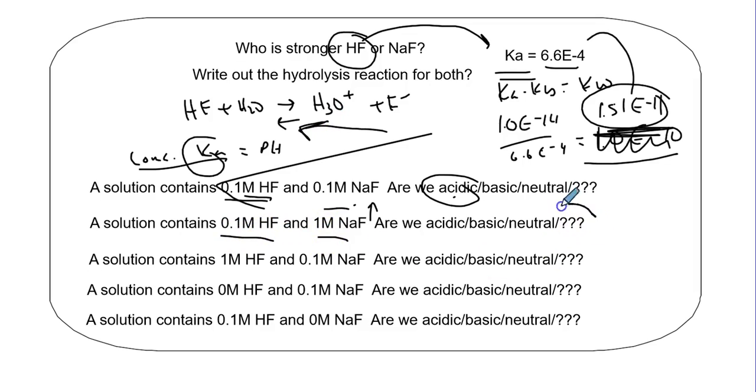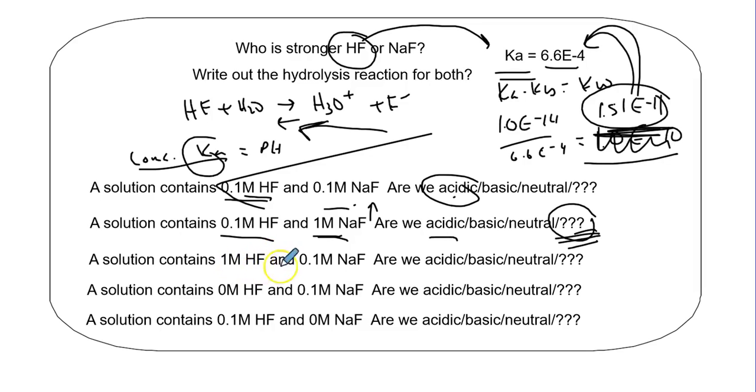I don't know for certain. I need to do some math to make sure. I'm going to say probably not. It might be 10 times more concentrated, but strength-wise it looks like about 1,000,000 times stronger. I'm thinking we're still going to be acidic, and I know we are. But at this point, if I didn't know, I'd just say: can't say for sure.